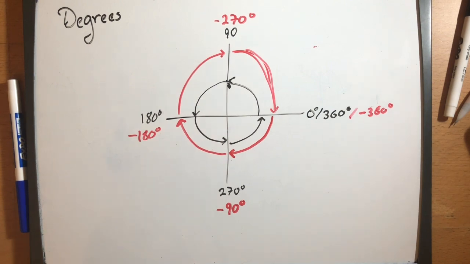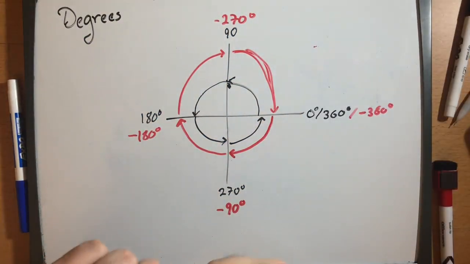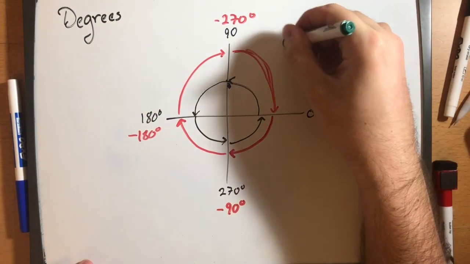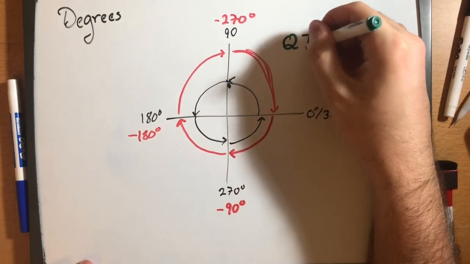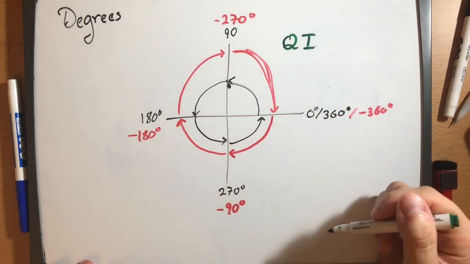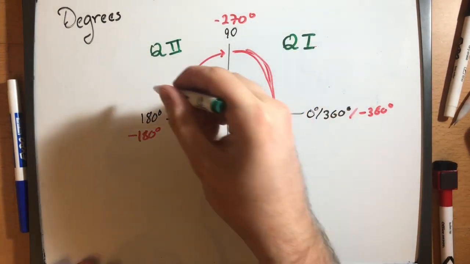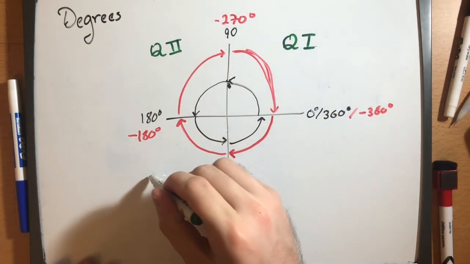So knowing this, given any angle, we can easily determine the quadrant that the angle is in. If you remember in rectangular coordinates, quadrant 1 is this quadrant here, the top right quadrant. Quadrant 2 is the top left quadrant.